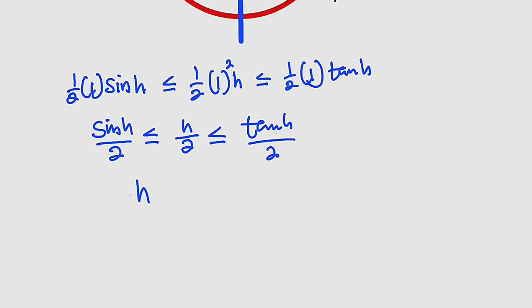So you can see that sine h is less than or equal to h less than or equal to tangent h, which is the same thing as sine h divided by cosine h. You should know that.